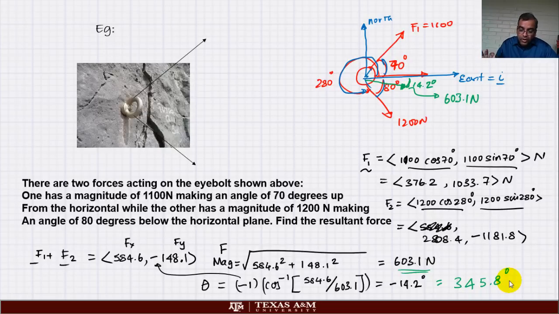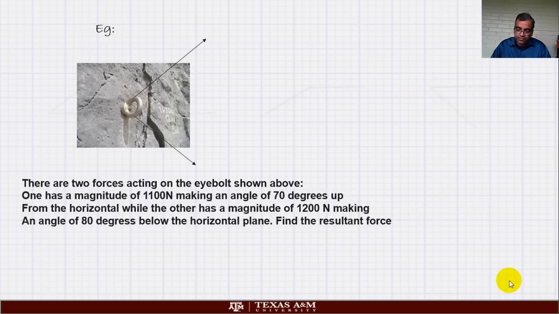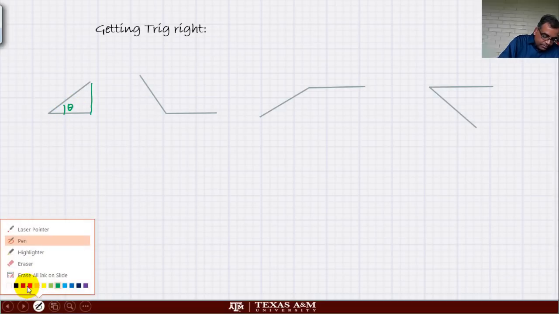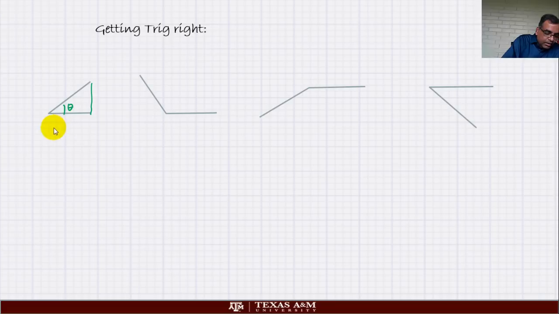Very good. So we have gone through this in a kind of painful way, but we don't make mistakes if we do this, or if you make a mistake, you can recover. The last point is something that I want to make about getting trigonometry right. If I give you a triangle like this and I ask you to find the cosine of this angle, you are probably thinking cos theta equals adjacent over hypotenuse, right?